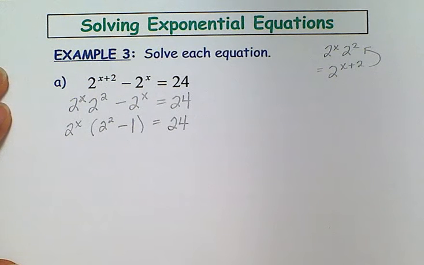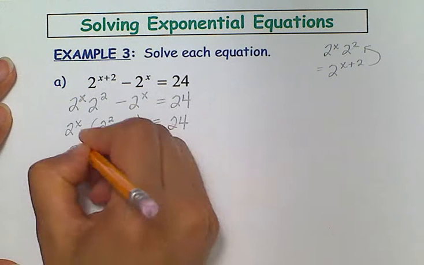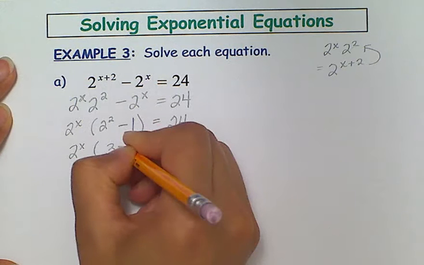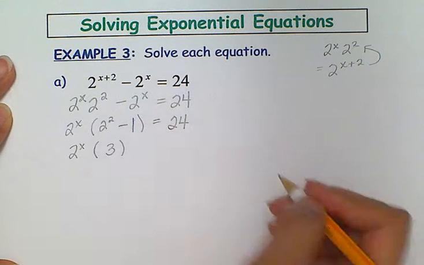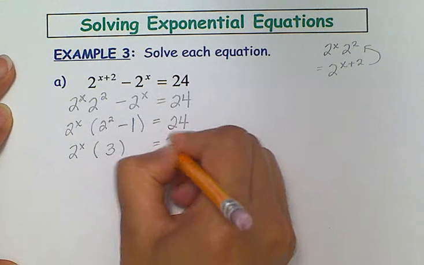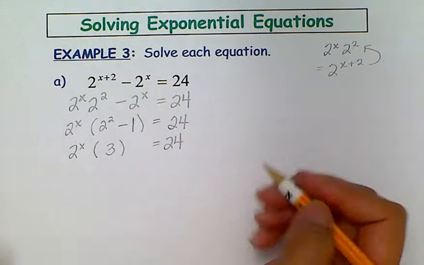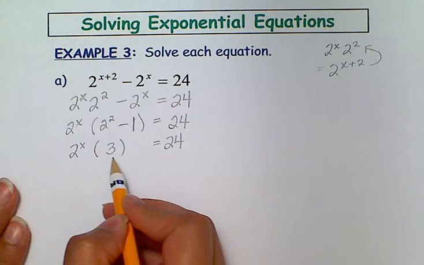If I simplify what I have inside the brackets, I get 2 squared minus 1, which is 3, equals 24. And now I have multiplication between an exponential part and just a regular number.